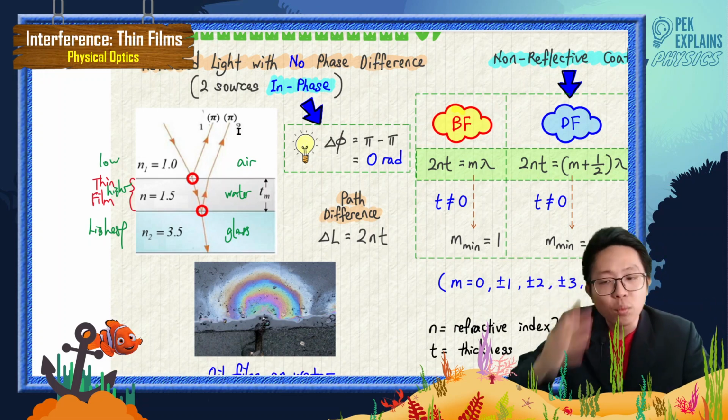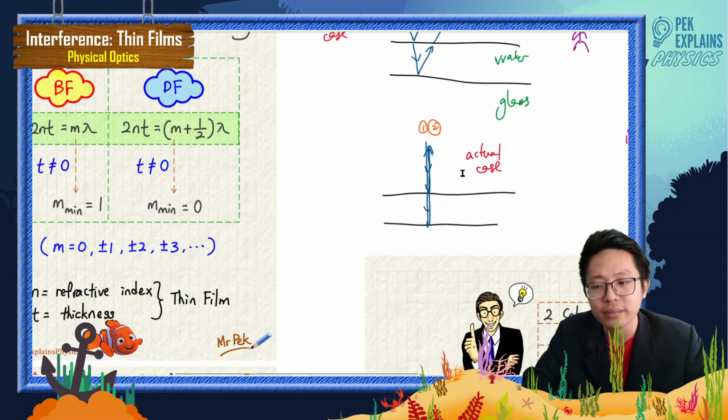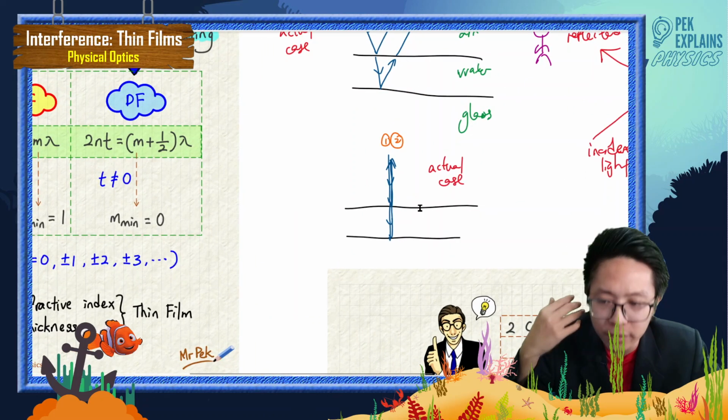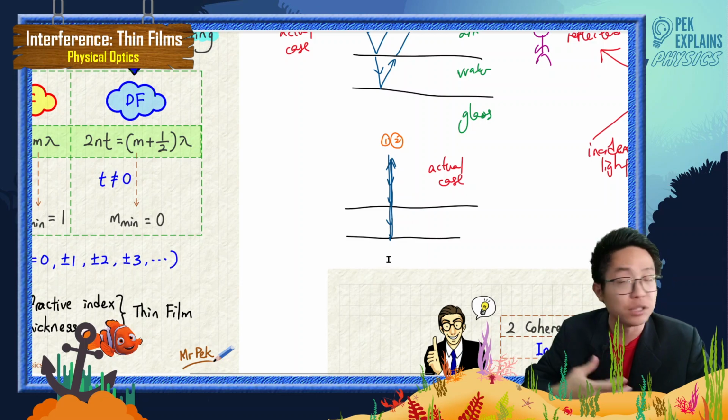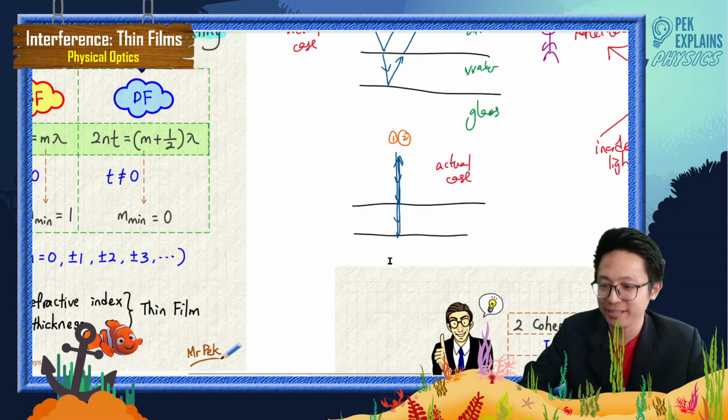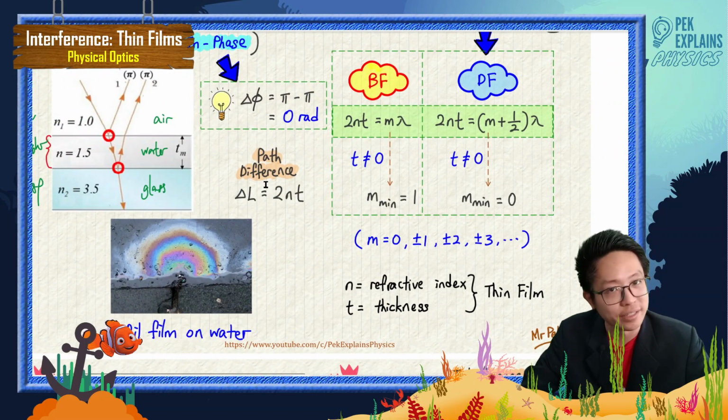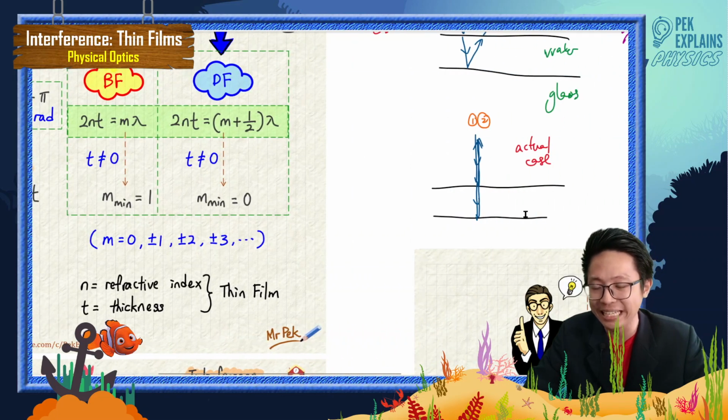Okay, but why do I still want to let you know about the actual case? That is because of the path difference. The path difference, I will tell you later on about the delta L. It's because of the thickness. The thickness is exactly along the 90 degree light.